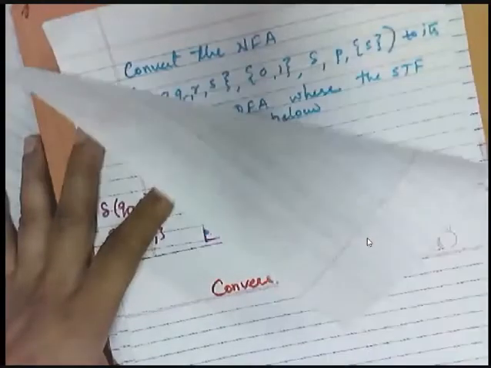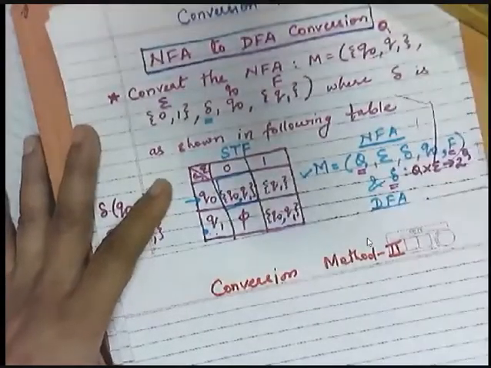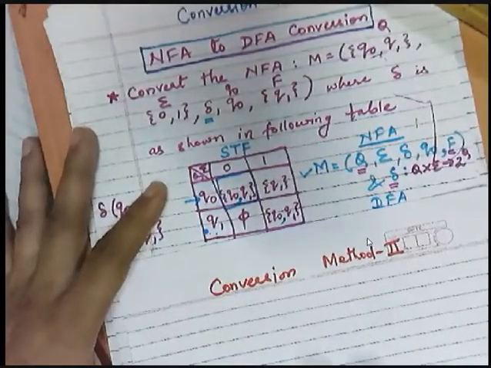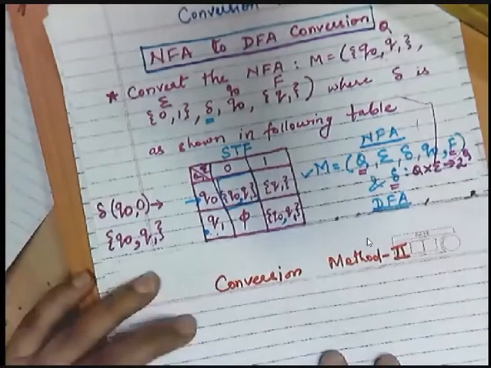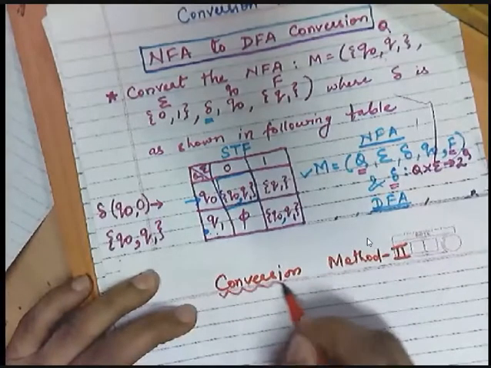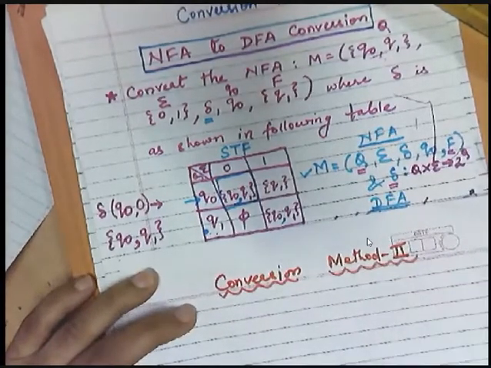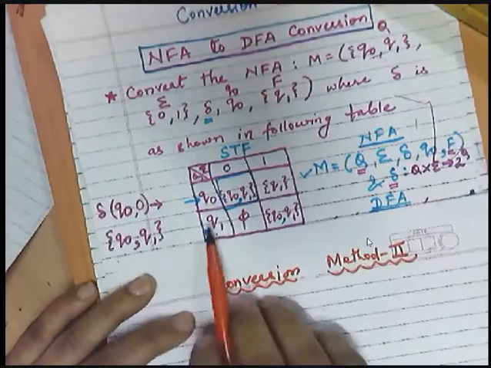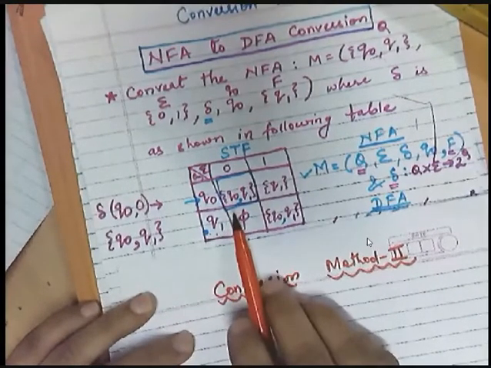Now you will observe how quickly we can draw the DFA for the given NFA. So carefully observe. This is my given NFA.